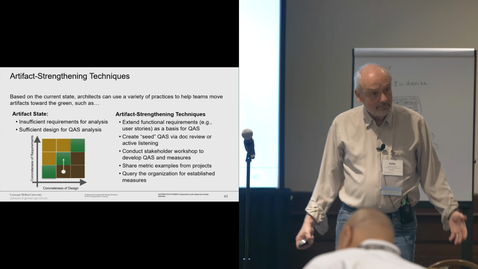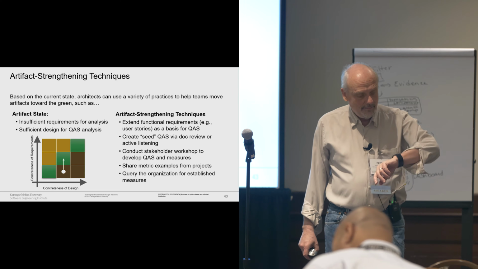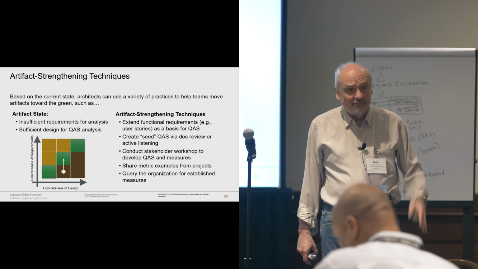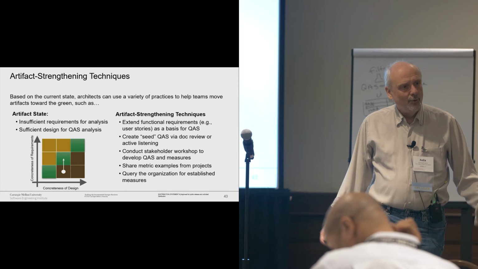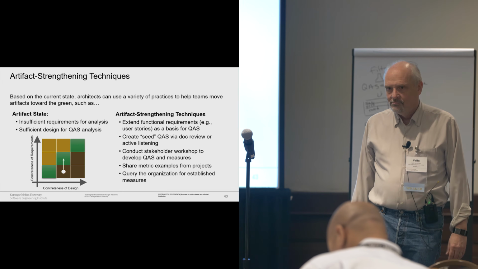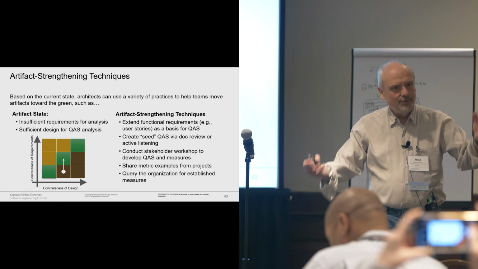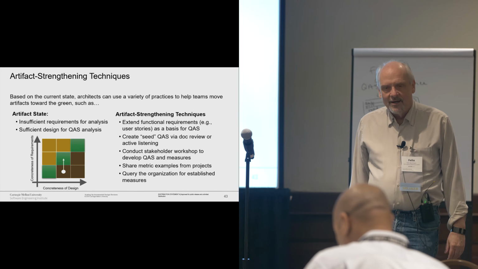I assume you as architects have quite some ideas of what to do. So for example, if you don't have enough requirements, especially the quality attribute requirements, what do you do? Something like a quality attribute workshop: go to the stakeholders, try to tease out what it is the system is supposed to do.